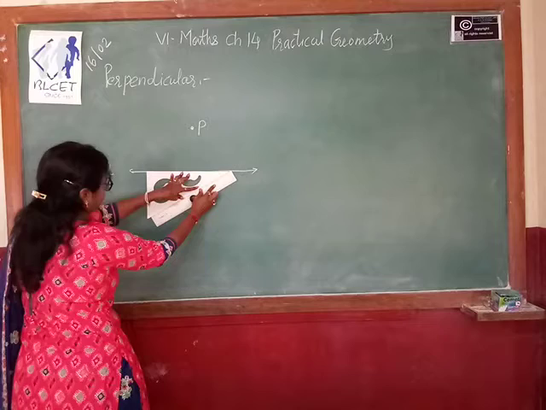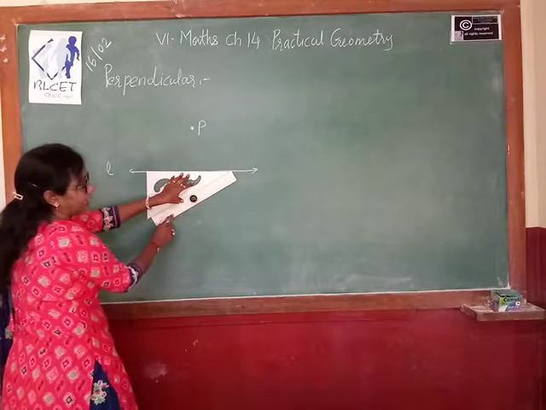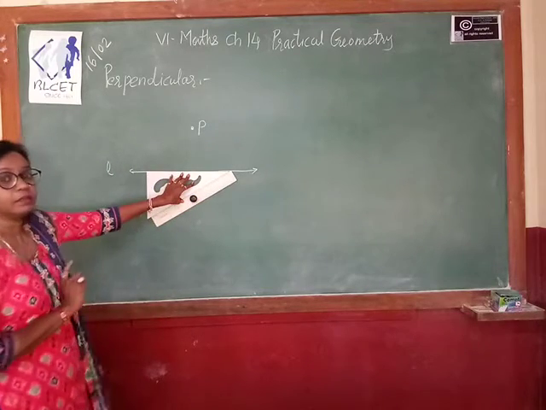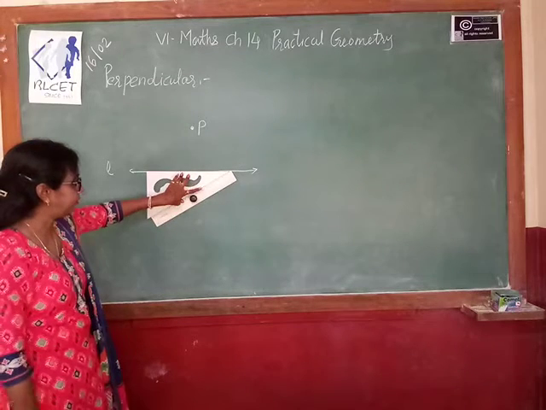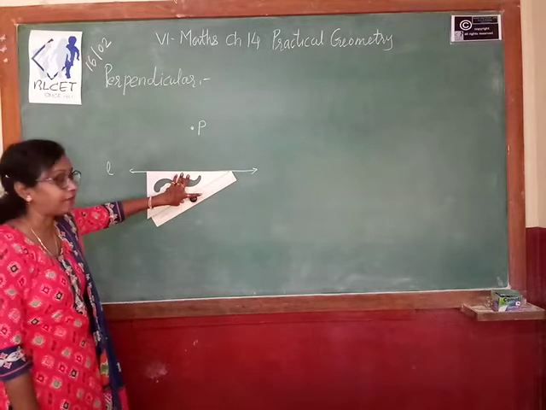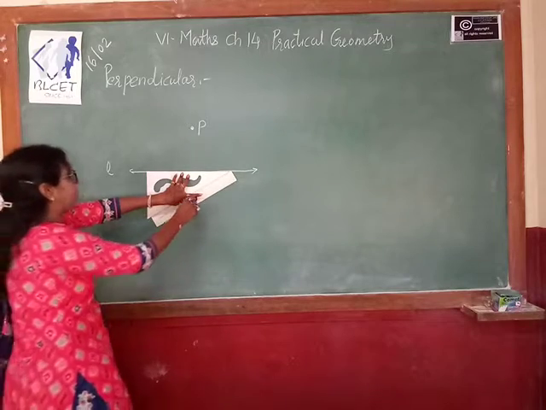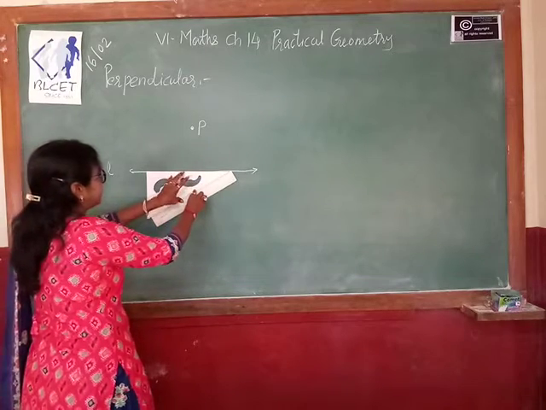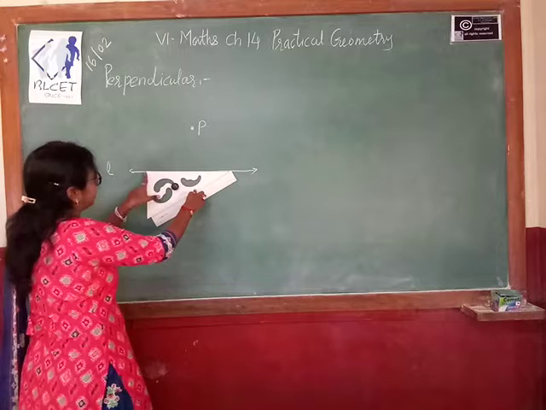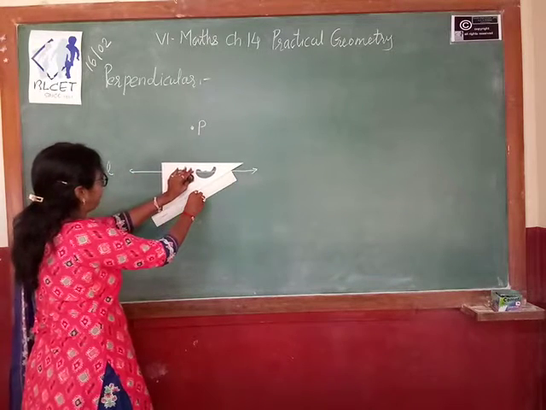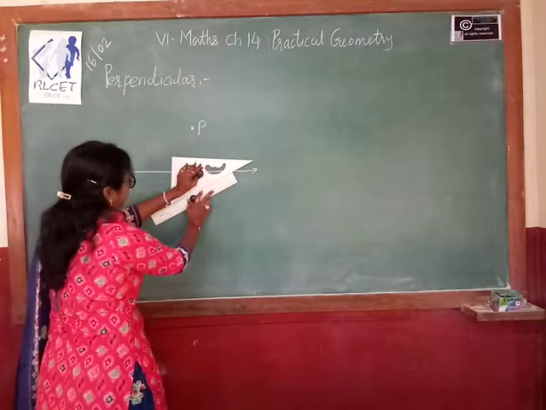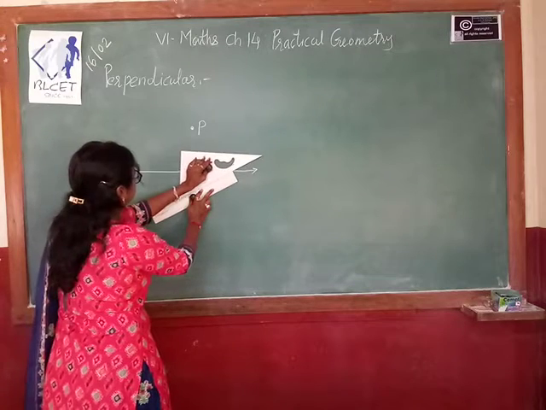Now we are not disturbing this setup. We have to fix the ruler and just slide the set square till you reach point P like this.